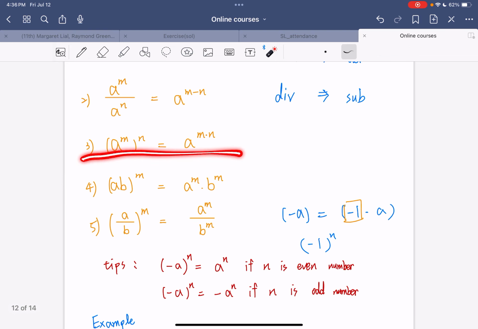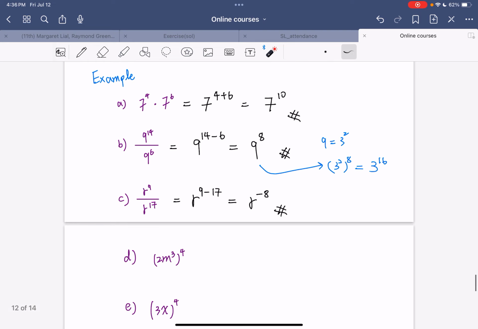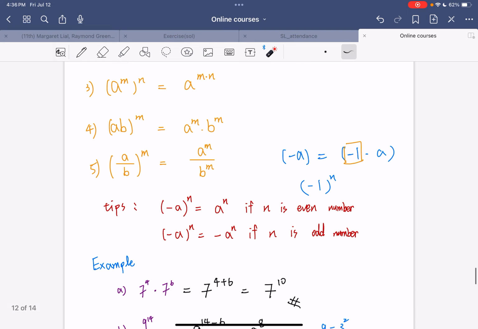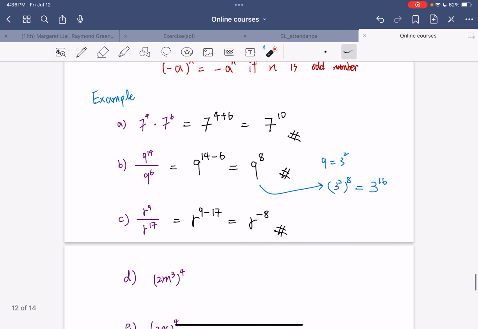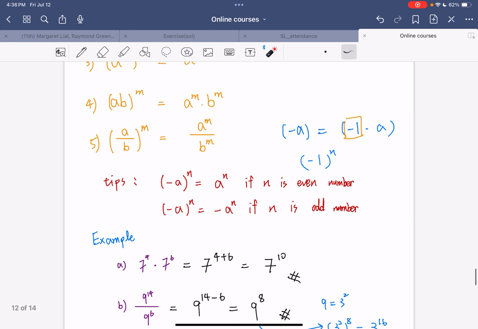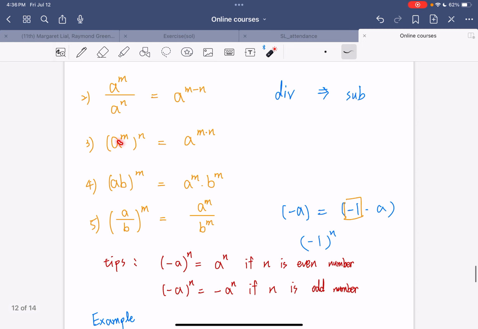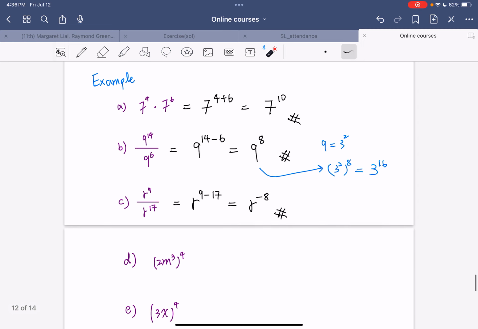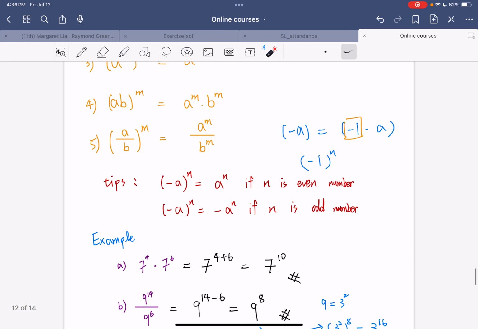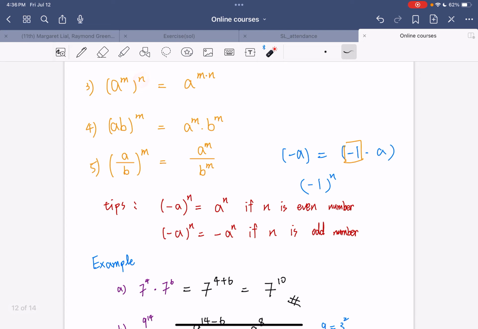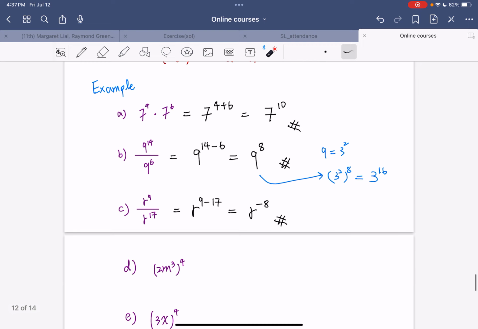We can find this one. Let's consider 2m as a, so 2n is a, and here the exponent inside the bracket is 3, the exponent outside the bracket is 4, and then we just times the exponents together.